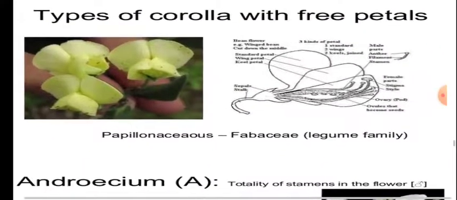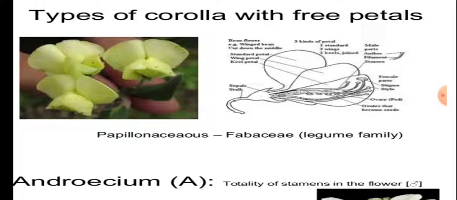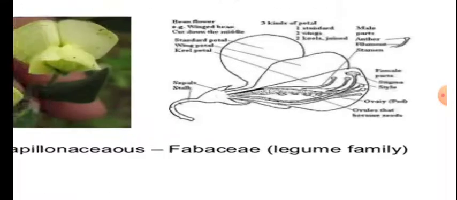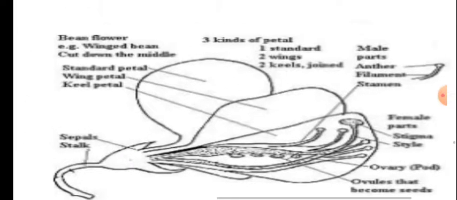Then in types of corolla there are free petals. This is a good diagram of the leguminous plants, for example Clitoria. You see in these diagrams one large petal, the standard petal.